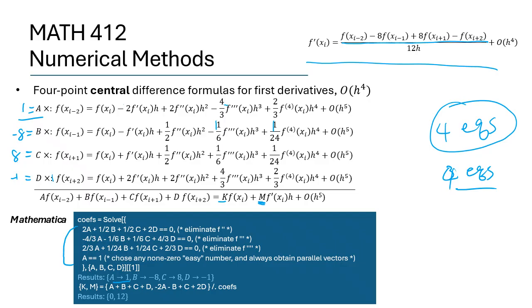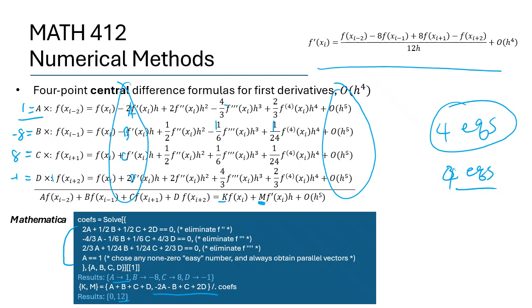And m is the coefficient of f prime: -2a minus b plus c plus 2d. You calculate, therefore m is 12. So we have such a formula, and this term cannot be eliminated, so it's divided by h, therefore it's big O of h to the 4th.